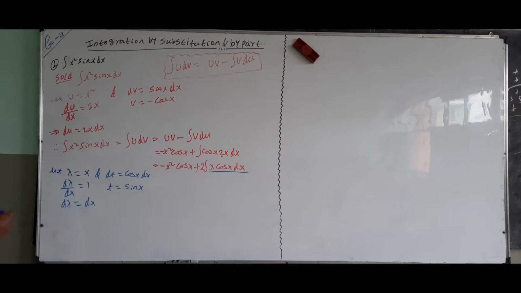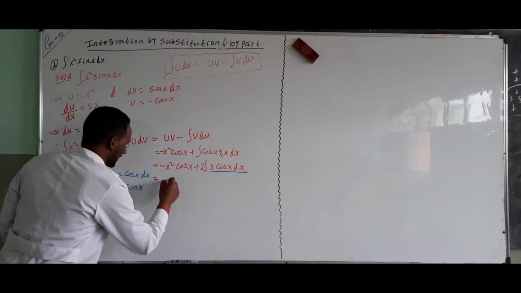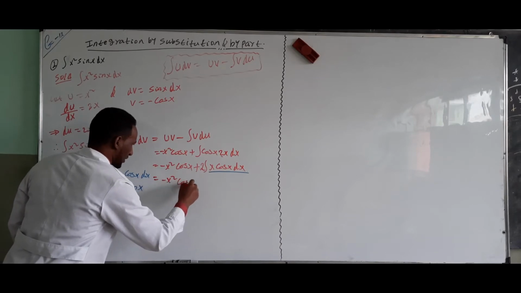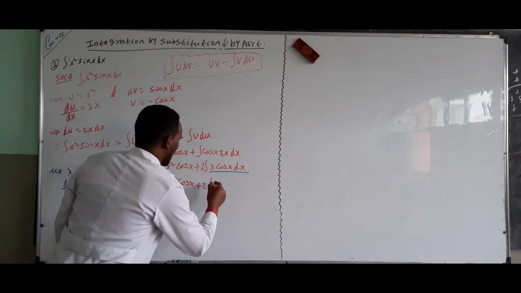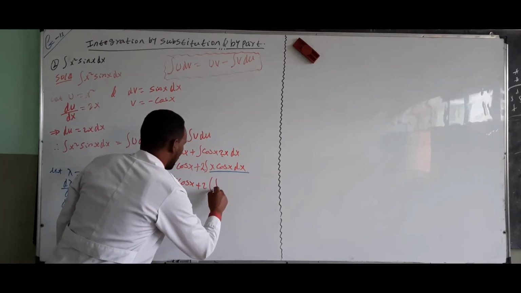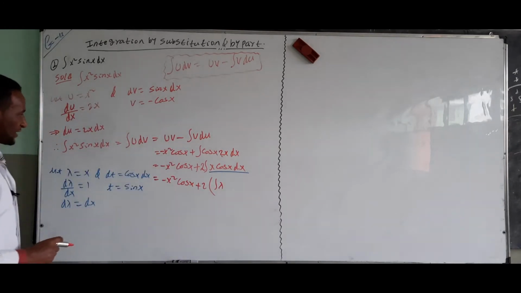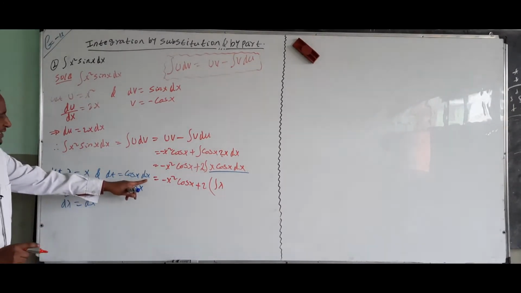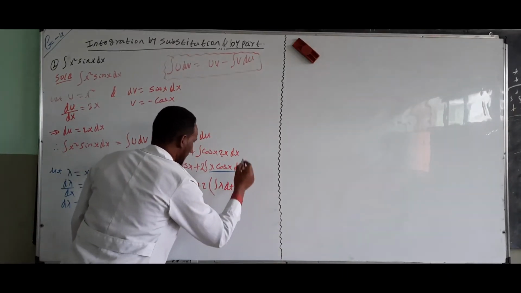Therefore this becomes negative x square cos x plus 2 times integration of x, meaning lambda, times cos x dx, meaning dt.